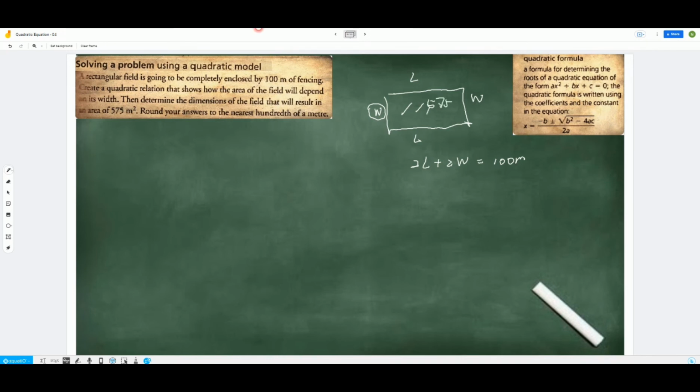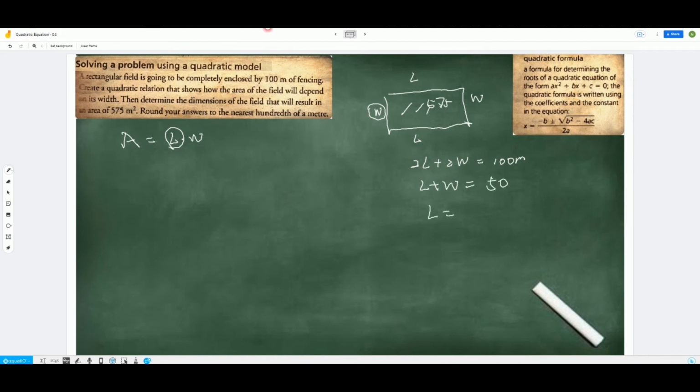Okay, so we set the area equal to A. A equals length multiplied by width, right? What's the length? We know 100 meters equals 2L plus 2W. So on both sides, we isolate L. Divide both sides by 2: L plus W equals 50.